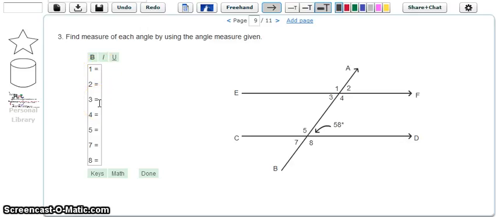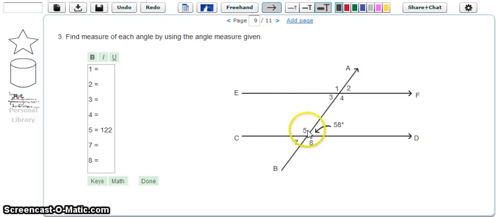We'll start simply with angle 5. Angle 5 is a linear pair to 58 degrees, and so we will take 180 minus 58, which will give us what 5 is, because like I said, they're a linear pair, and 180 minus 58 is 122.